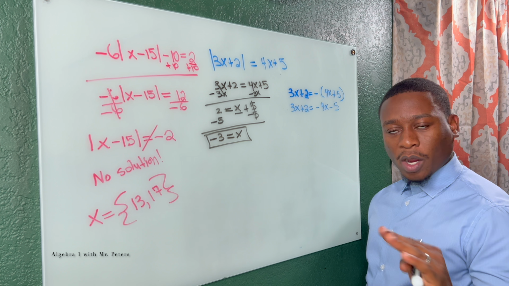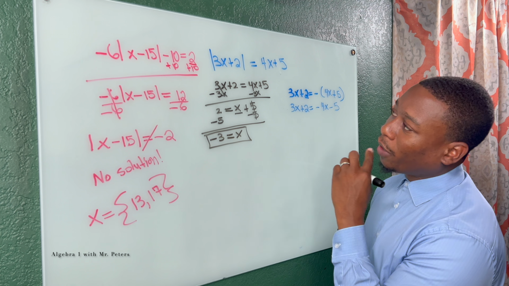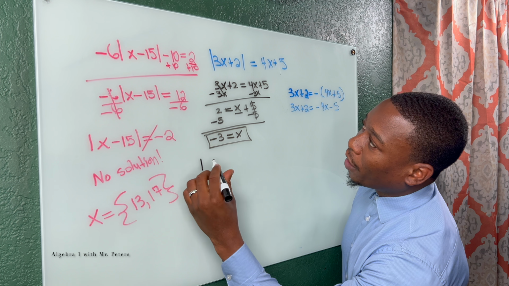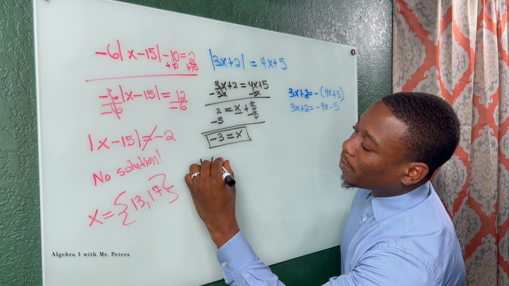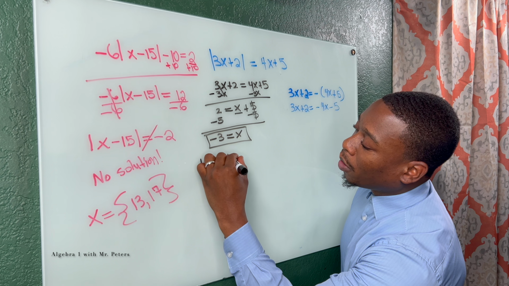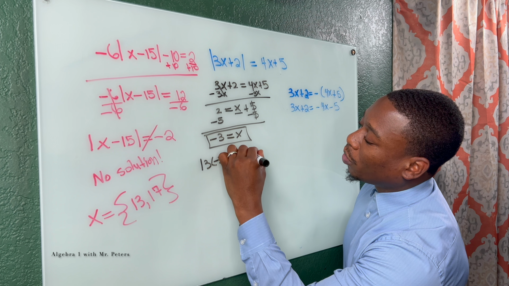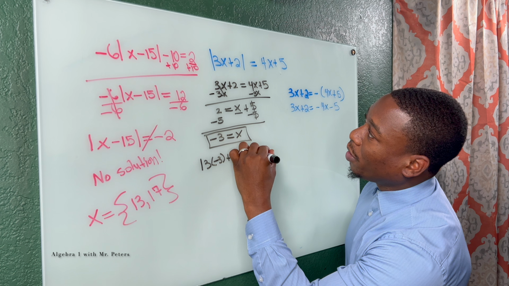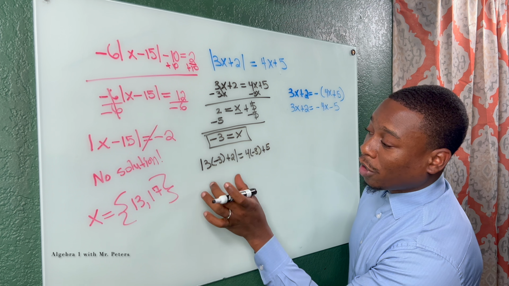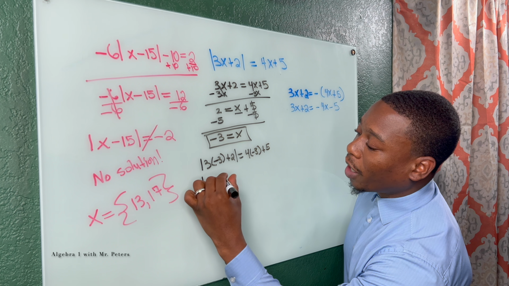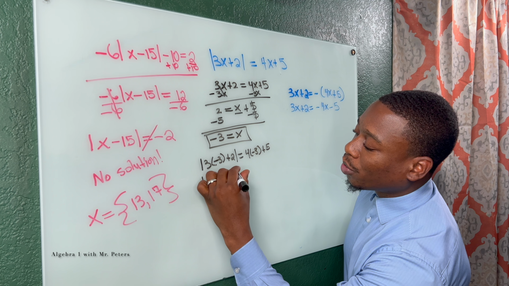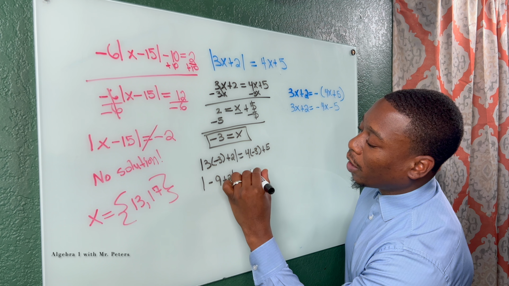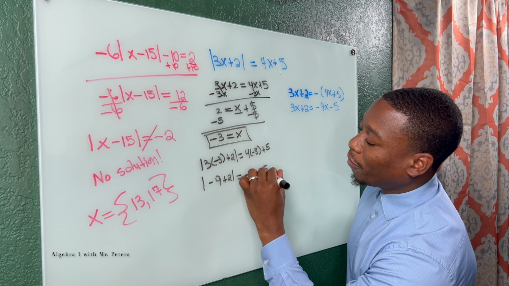So let's say now we're just checking for extraneous solutions. So I plug it in. So we have the absolute value of 3 times negative 3 plus 2 is equal to 4 times negative 3 plus 5. So once we simplify, we have the absolute value of negative 9 plus 2 is equal to negative 12 plus 5.